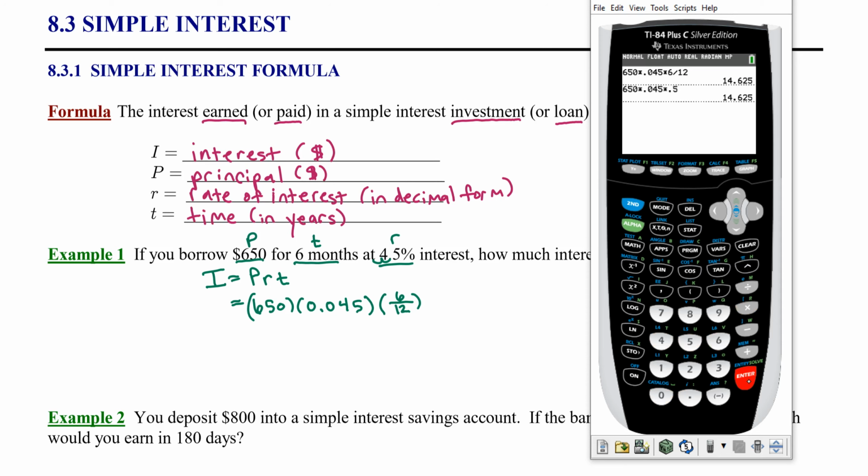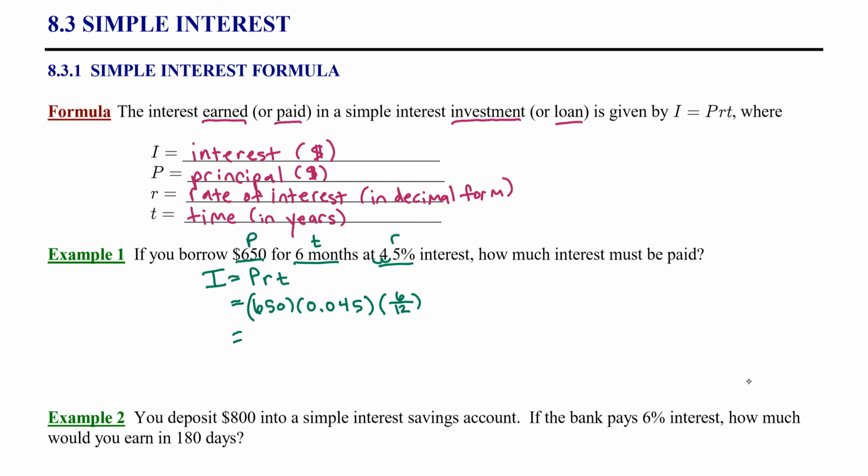Now remember, we're dealing with a dollar amount of fee that we pay for this loan, so we need to round to the nearest hundredth, 2 decimal places, right? So $14.63 would be the charge on this loan. This means at the end of 6 months, we're going to not only have to pay back the $650 that we borrowed, but in addition to that, another $14.63 as a fee for borrowing that amount of money.